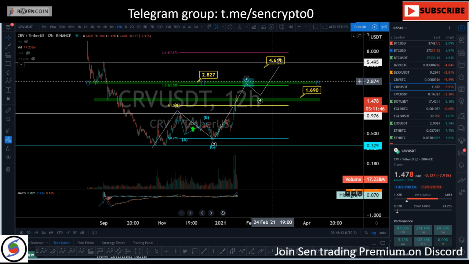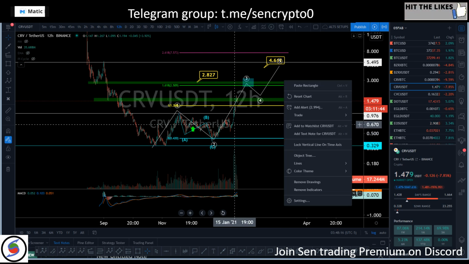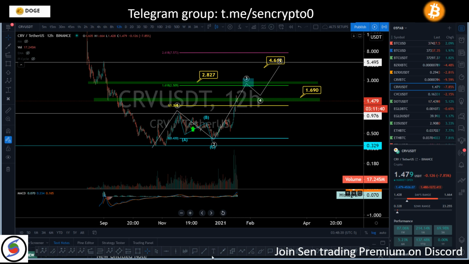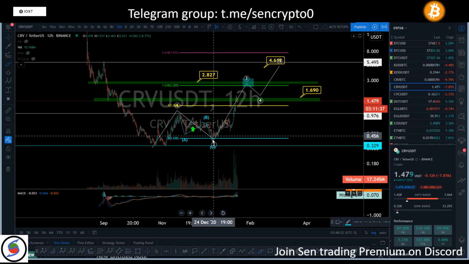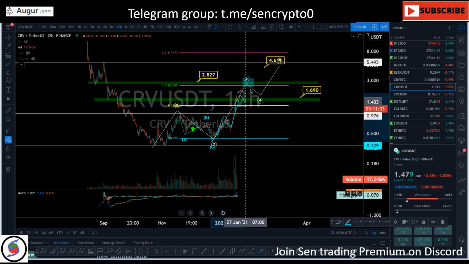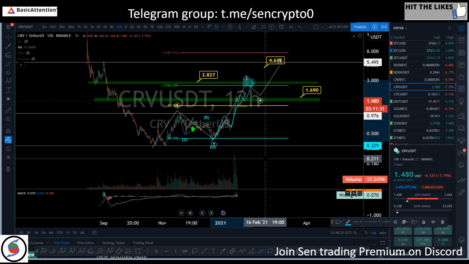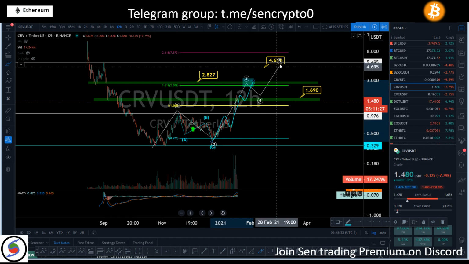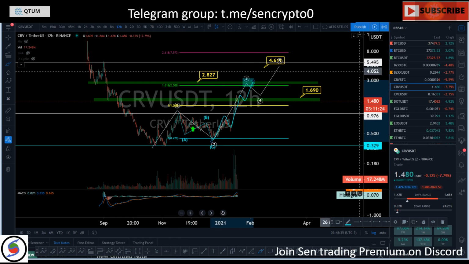So CRV is very bullish, and you can see how impulsive the move is right now. That could be our wave 1 right here, then 2, and we're looking for wave number 3, 4, and wave number 5 right there. So CRV is a good hold over the next few weeks or few months.